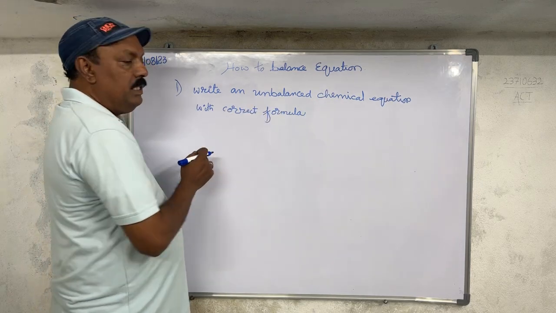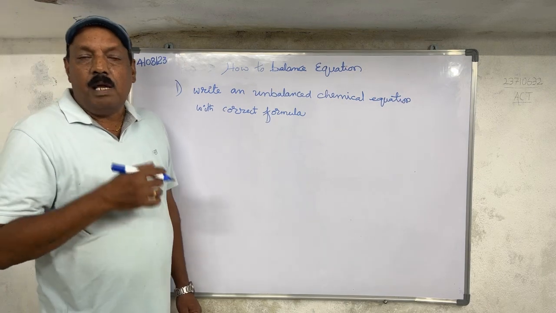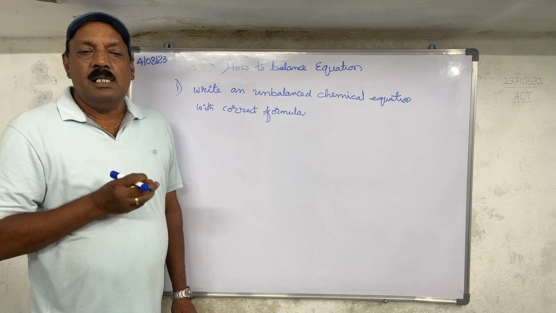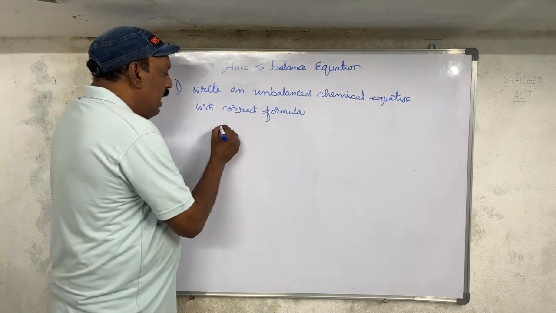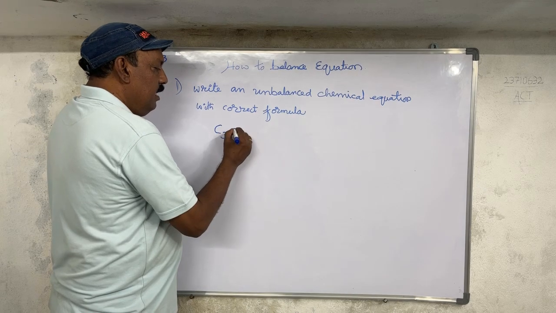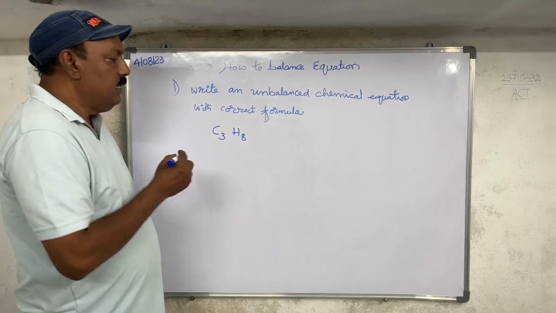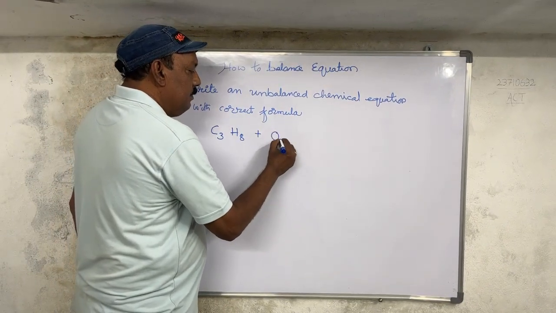Here, one interesting point: the example I am taking is propane gas. Propane gas is C3H8. This is called propane gas, and this gas is burnt in a certain quantity of oxygen.